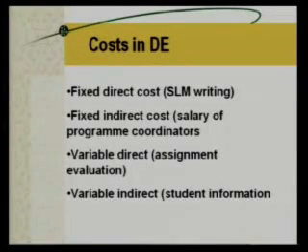Now you will see in this transparency that we have brought in the other set of cost variables in distance education. So you see in this transparency that we have brought in the fixed cost and the variable costs. So fixed direct cost and fixed indirect cost, and variable direct cost and variable indirect costs.